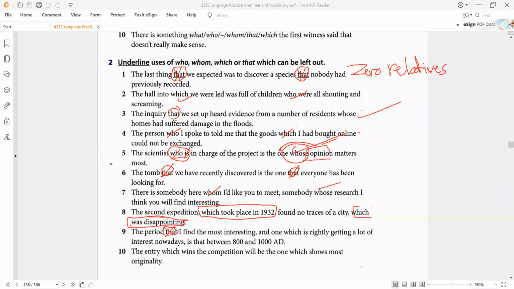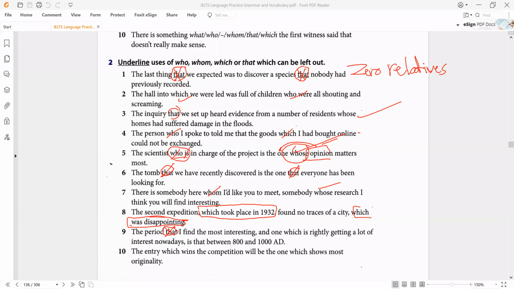Keep it, yes. We say which here, you can either keep it or delete it, but anyway, let's keep it.